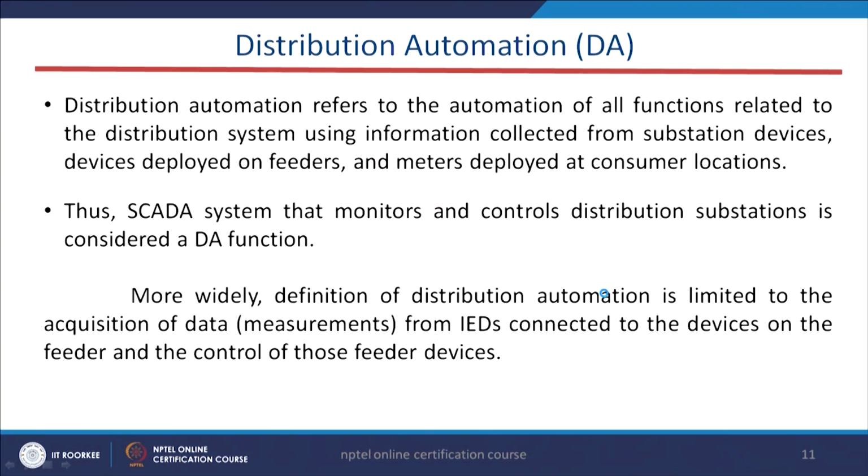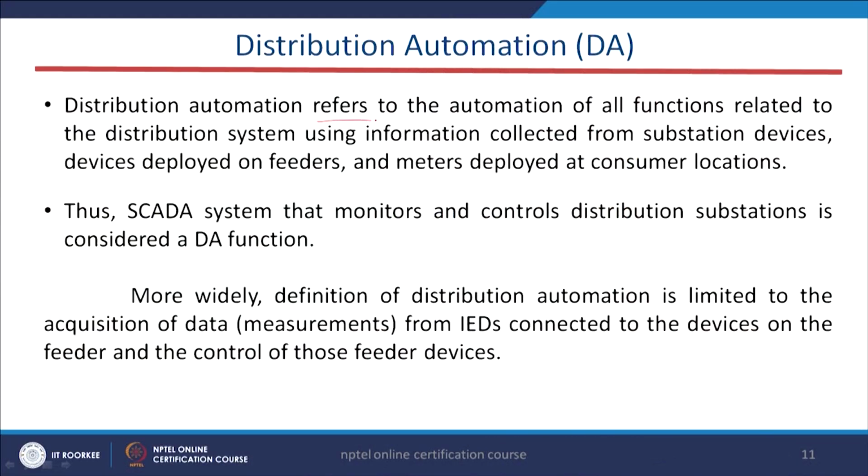The distribution system is basically automated as far as the operation, the control, and the monitoring are concerned. It should be automatic in nature. That is what distribution automation is. So, this distribution automation refers to the automation of all functions related to the distribution system. This automation is important.